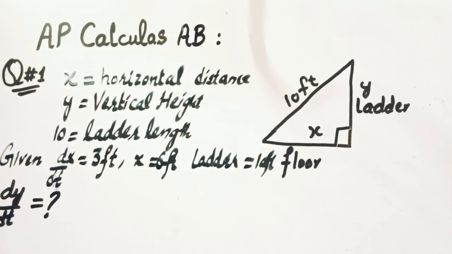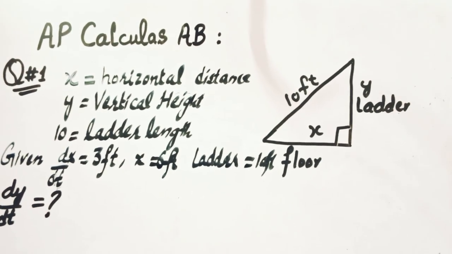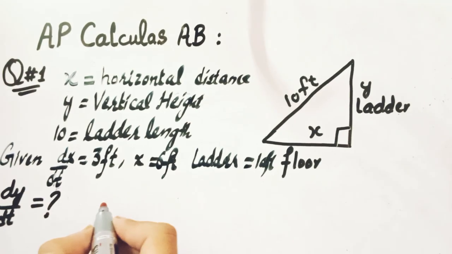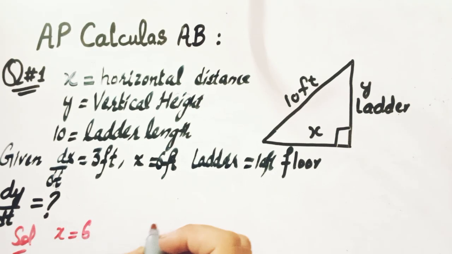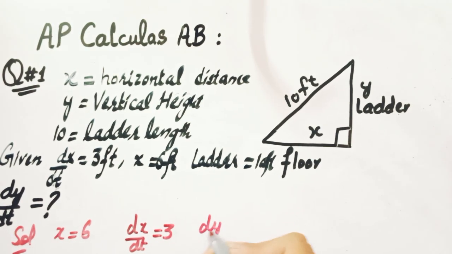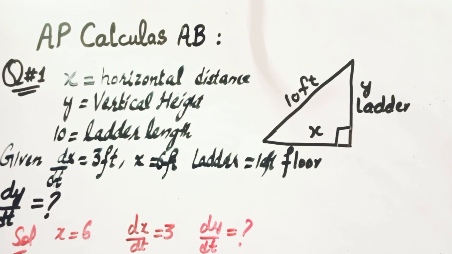Now we will solve this. We have x equals 6 and dx by dt equals 3, and dy by dt equals what?